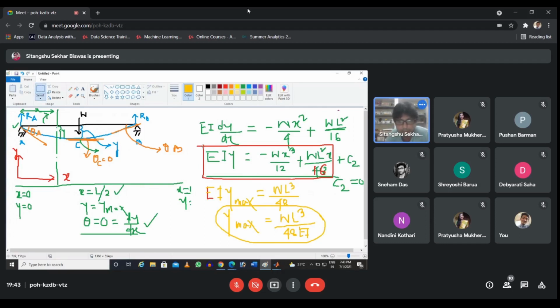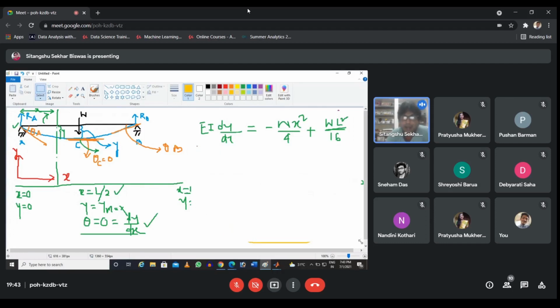You should remember this. Now if I want to find out theta, the angle of deflection, theta A. As I told, if I take the derivative, dy/dx at x is equal to 0, that will give you theta A. So EI into theta A, and I have to replace x everywhere, so this term will be cancelled out.